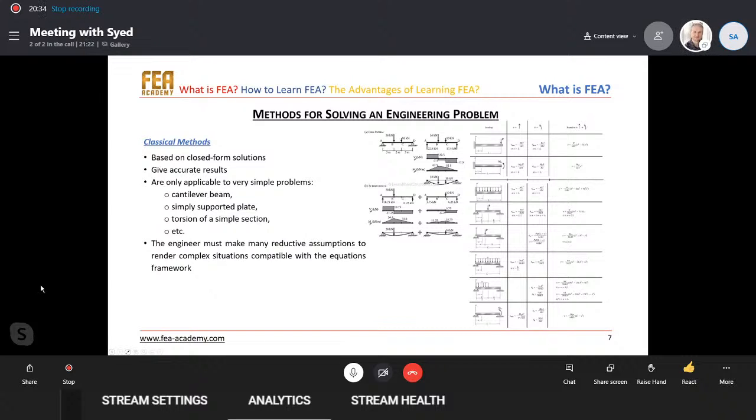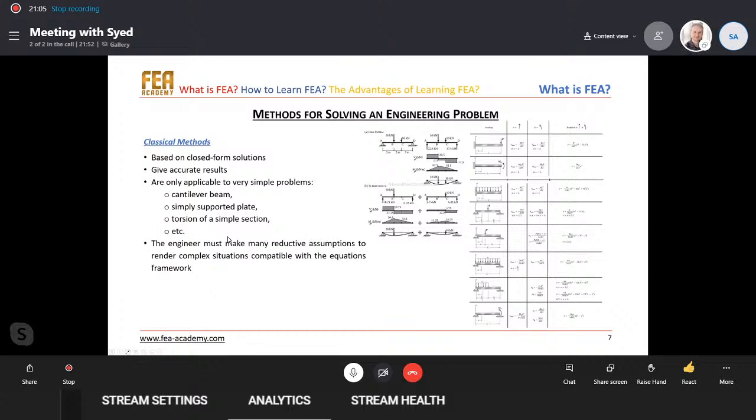And the weakness of such methods is that as an engineer, you must make many reductive assumptions to render complex situations compatible with the equation framework. So you know that in the real world, problems involve cases with complex shapes, complex boundary conditions, and material behavior. So real cases cannot be solved using classical analytical closed form methods.